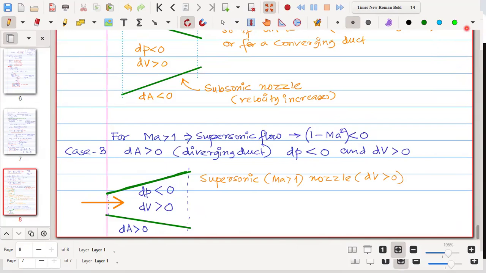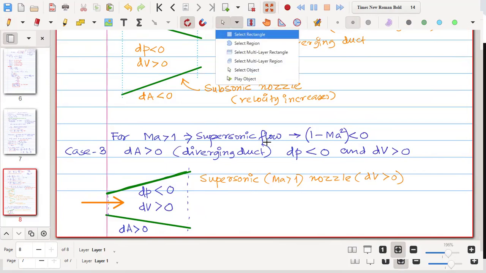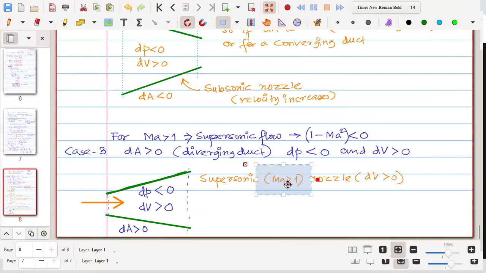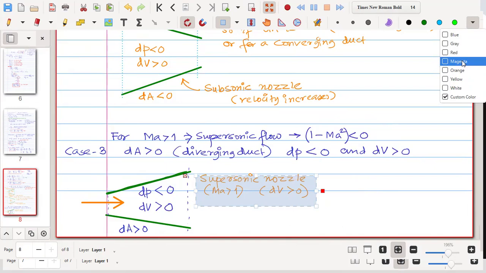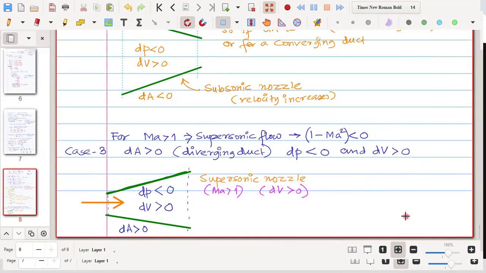So we will call this a supersonic nozzle.